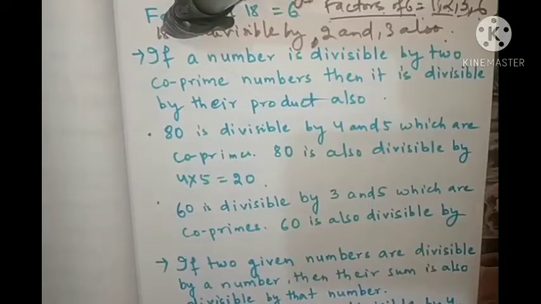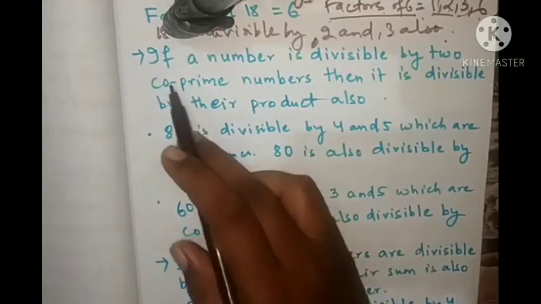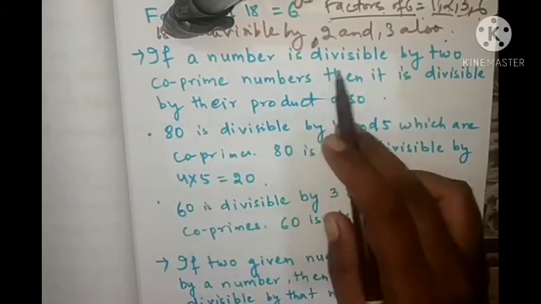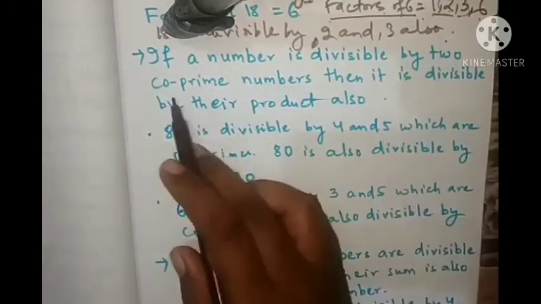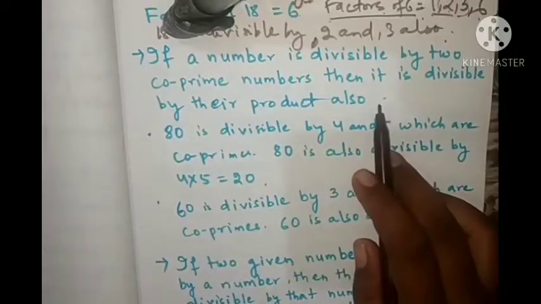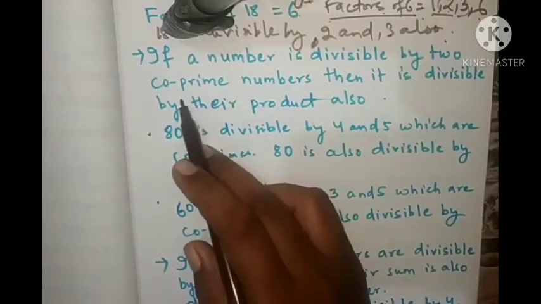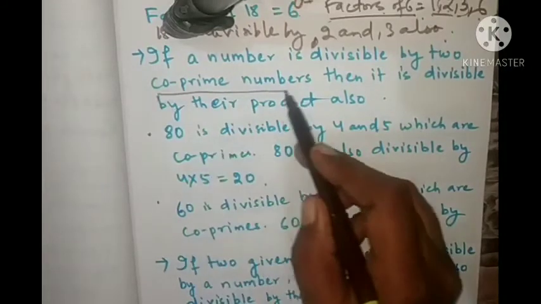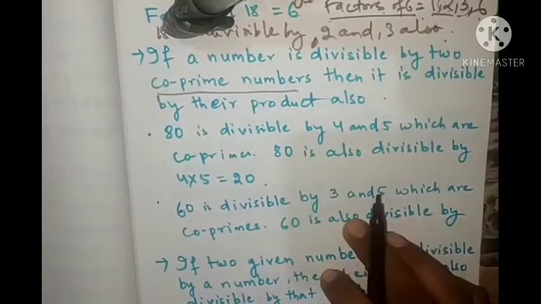Okay. Next divisibility rule is: if a number is divisible by 2 co-prime numbers, then it is divisible by their product also. About co-prime numbers we have studied yesterday.